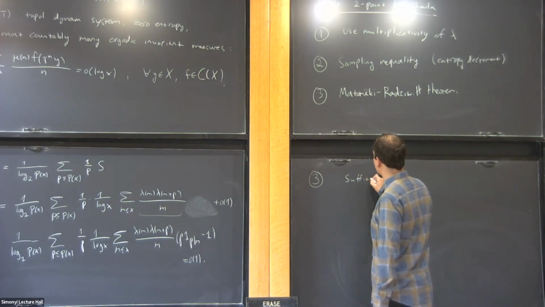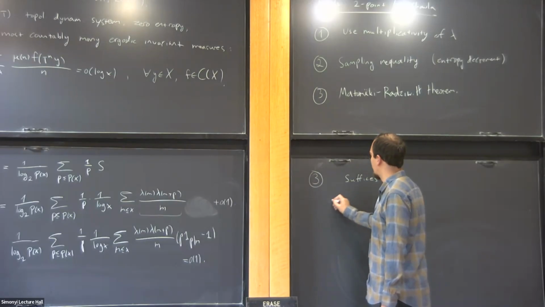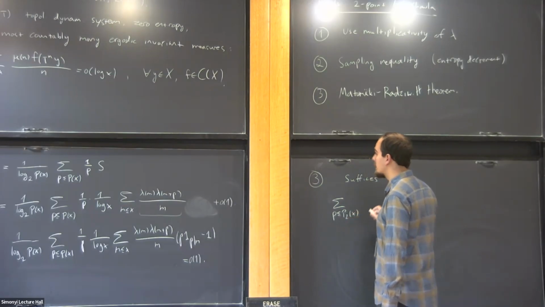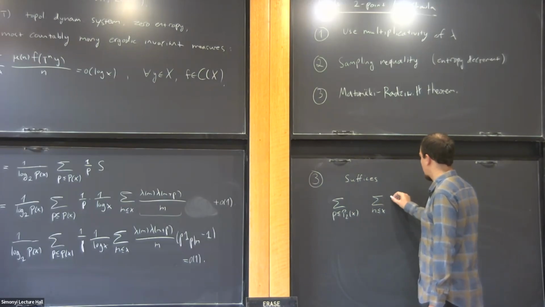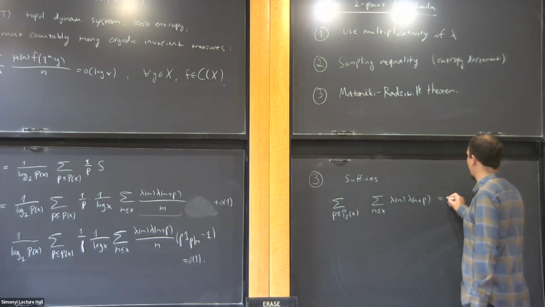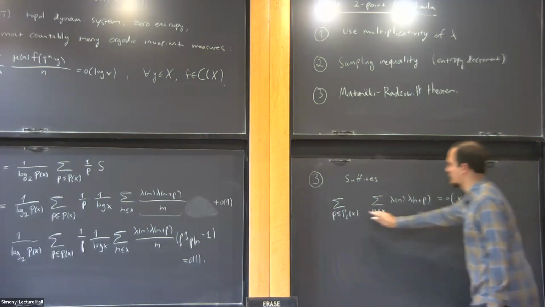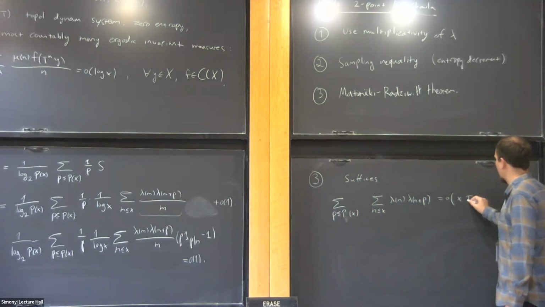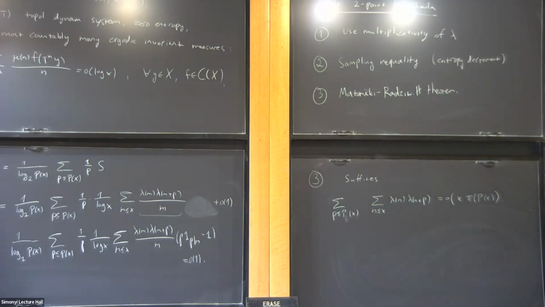So it essentially suffices to prove that if you take the same average, but without the 1/n weights, this is little o of x times the number of primes in the sum.